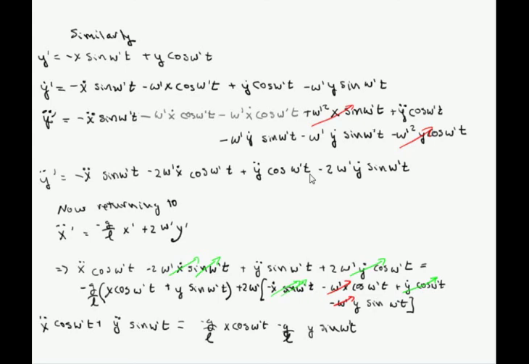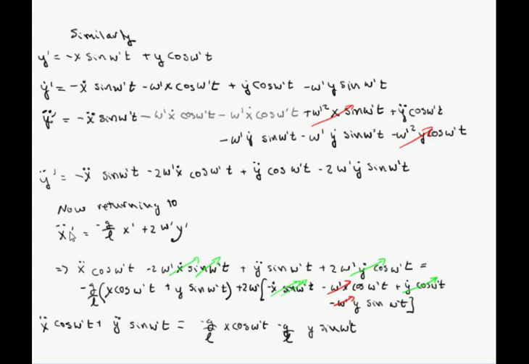And now we're going to return to our equations of motion. This is our component equation here for x double dot prime, and if you go back a couple of screens you'll see that it was minus g over L times x prime plus 2, well, before it was written omega sine lambda, but here I just have omega prime, which is the same thing as omega sine lambda, times y prime.